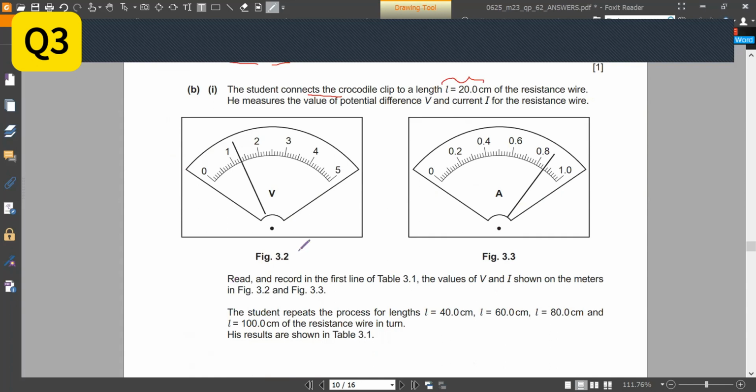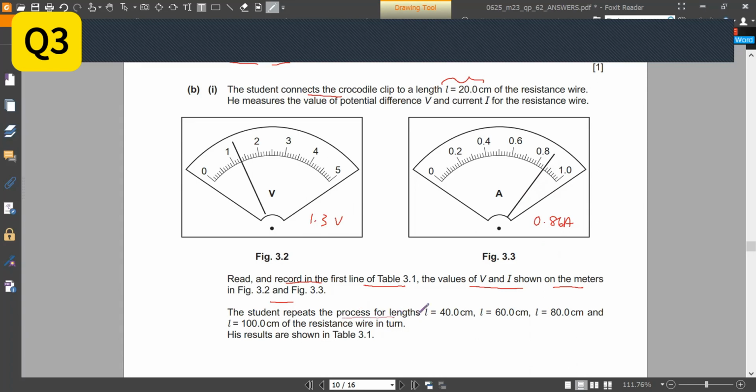So for our first set of readings, read and record the first line of table 1, the values of V and I shown on the meters. So this is straightforward. So we can see here, this is 1.3 for the voltage, and then the current will be 0.86 ampere. Very straightforward.